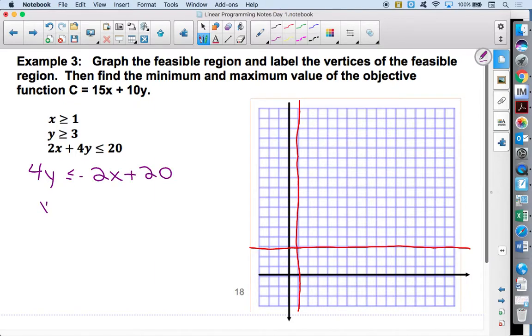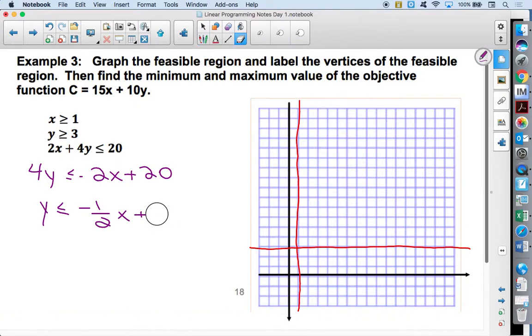So what would that inequality look like with y by itself? Ethan? y equals negative 1/2 x plus 5. There we go. So we're going up to 5, and then down 1, right 2. It's a pretty small region.